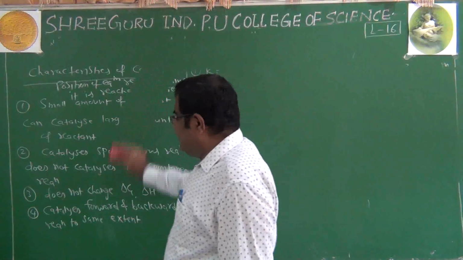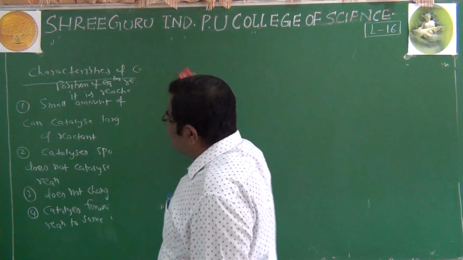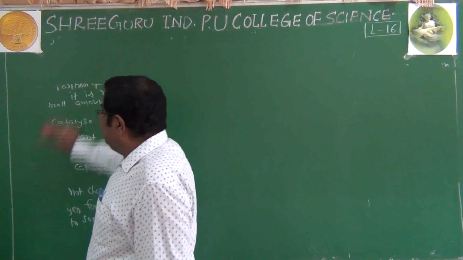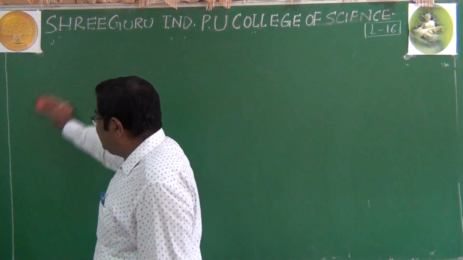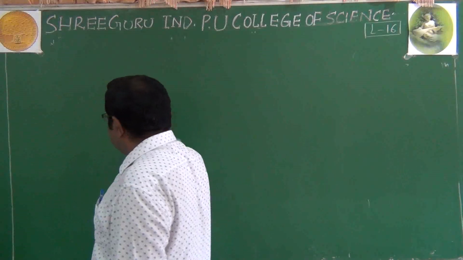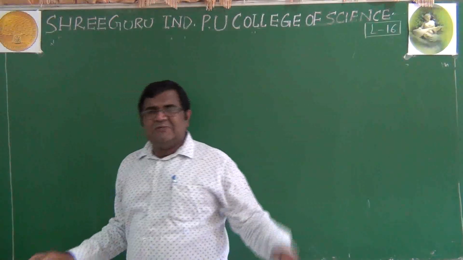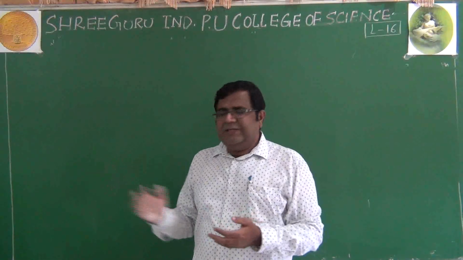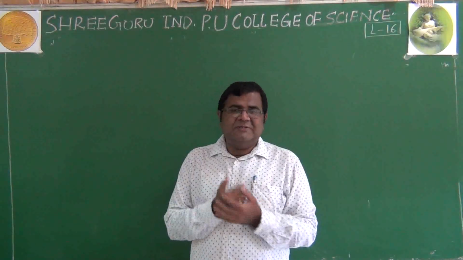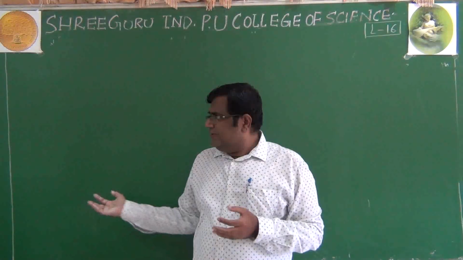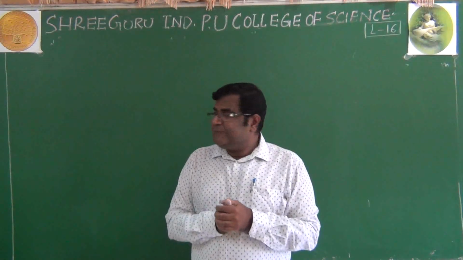That is the main sentence in it. So we should be very careful in using these sentences. These are very technical words. First time we are using these words, that's why I have written on the board so that those concepts will be clear to you, and then these characteristics also I have just now explained.